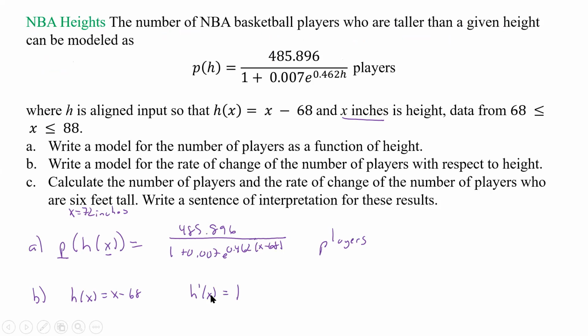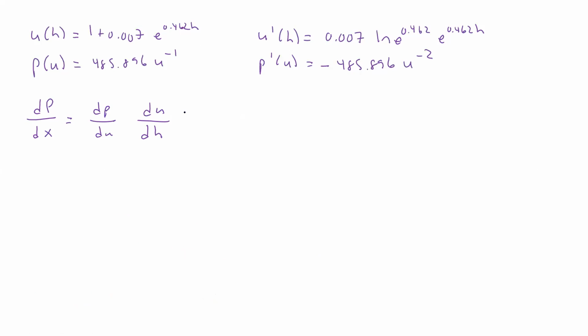The dh cancels, and we end up with dP over dx, which is what we want. When we get done, we just have to make sure all of our variables in the final thing are x's and not any h's.